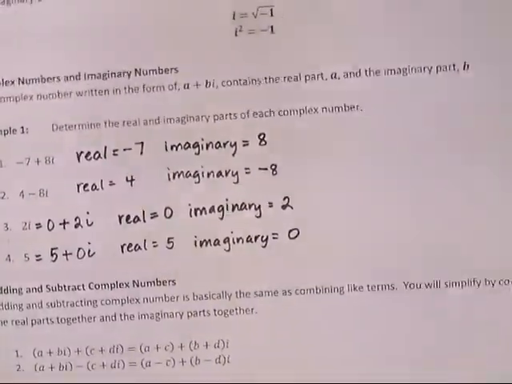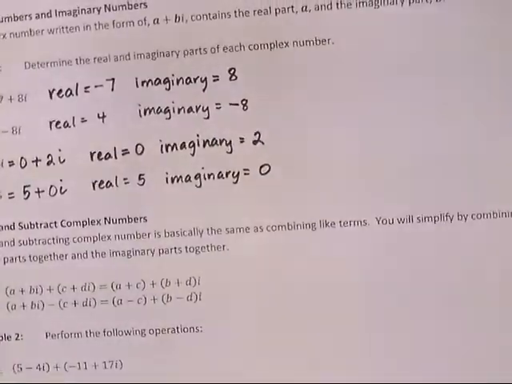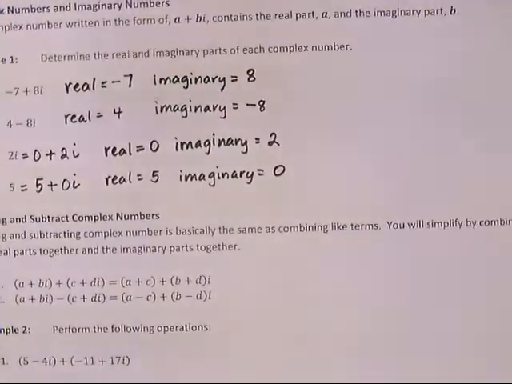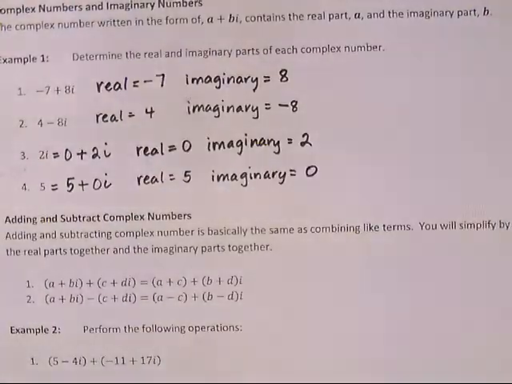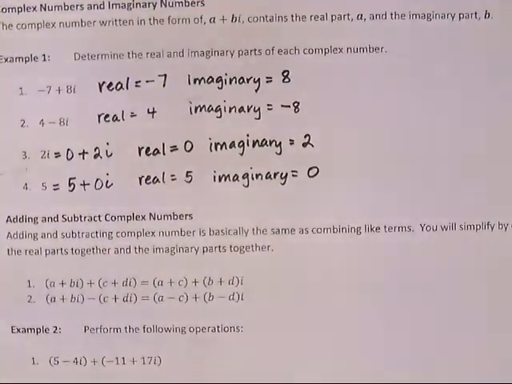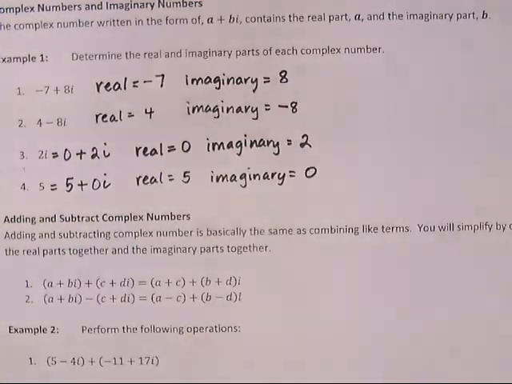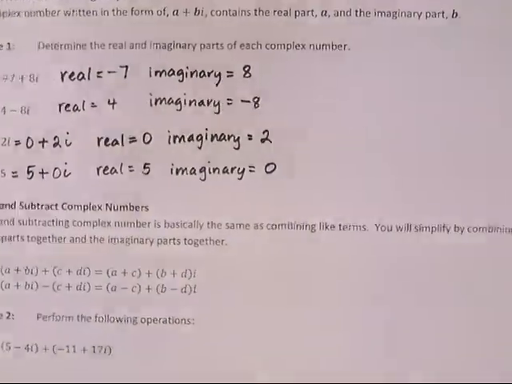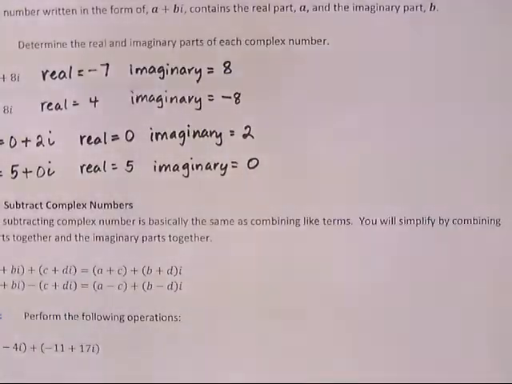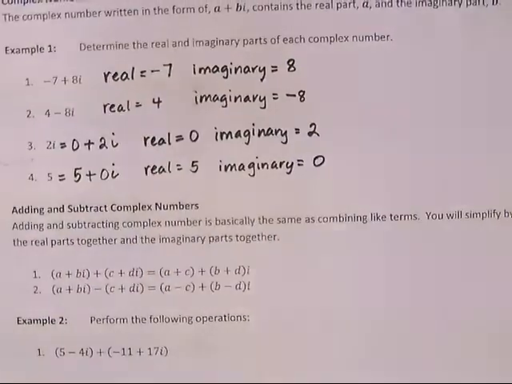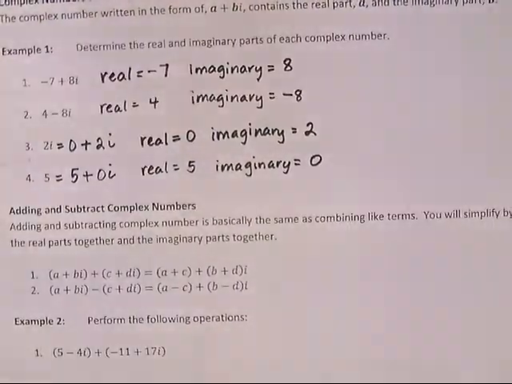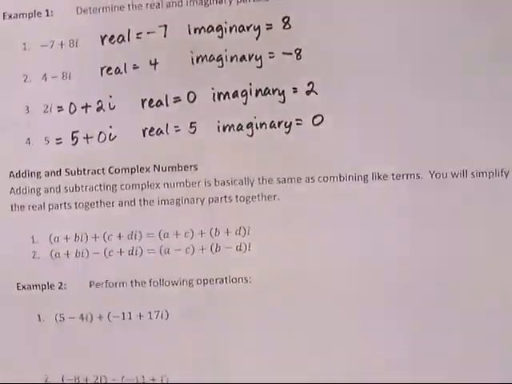Alright, now here we're going to add and subtract complex numbers. Now here, adding and subtracting complex numbers is basically the same as combining like terms. Now here you'll simplify by combining the real parts together and the imaginary parts together.